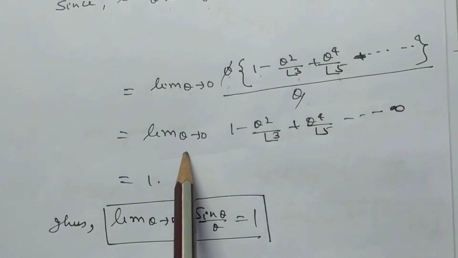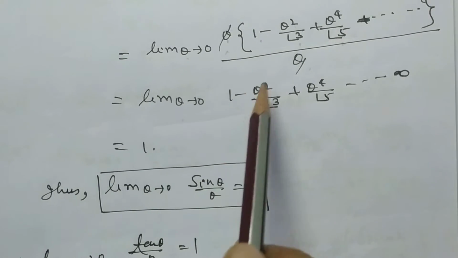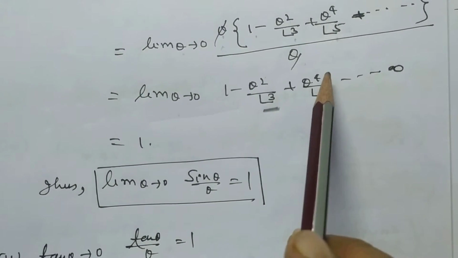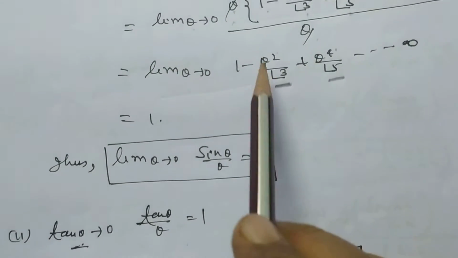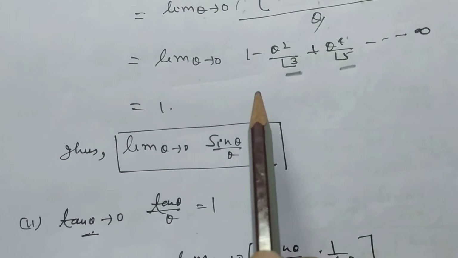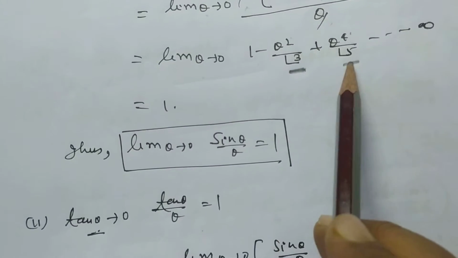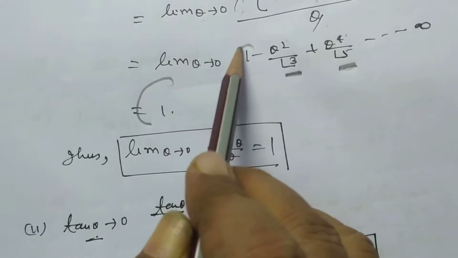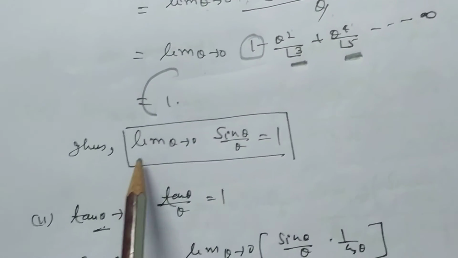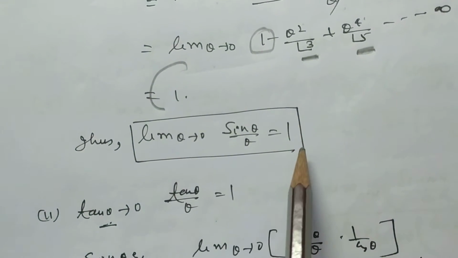Since theta tends to 0, these terms will be 0 and finally we have the term 1.